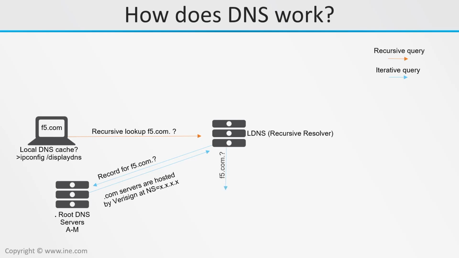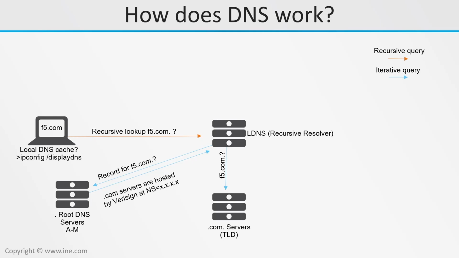So the local DNS server will then send that same query for f5.com to the top level domains, and the .com space is hosted by VeriSign. There are many top level domains like .net and .edu. They're all hosted by different organizations.